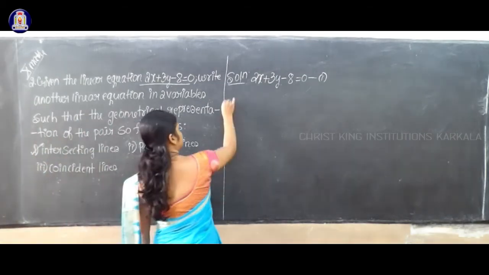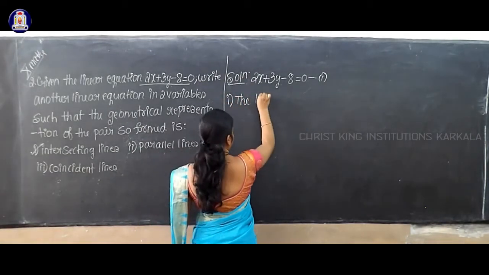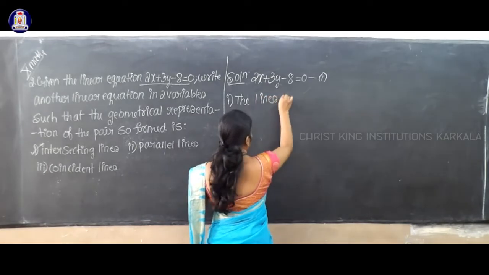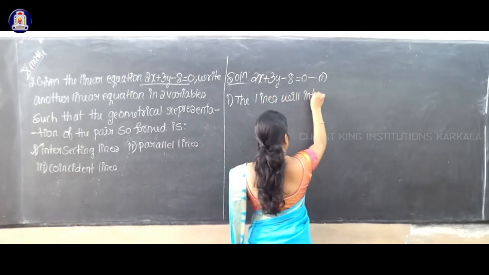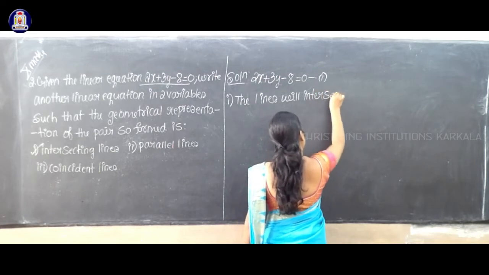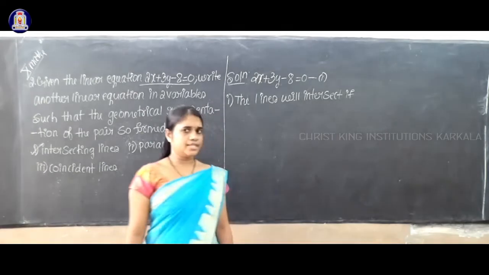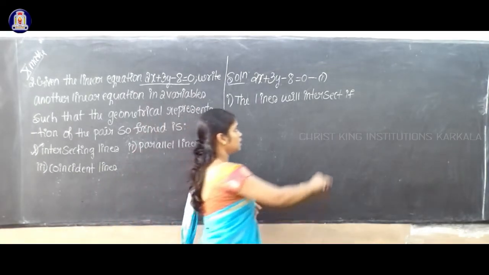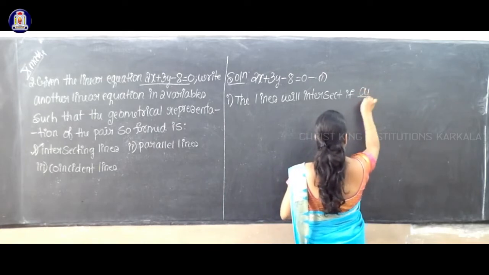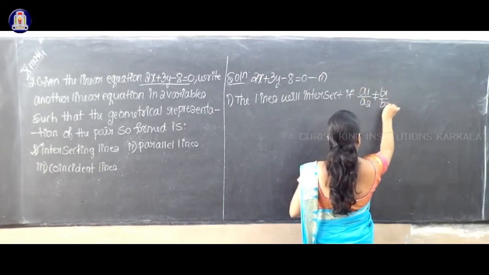So first sub question, the lines will intersect if it satisfies which condition? The condition is a1 by a2 is not equal to b1 by b2. This is our condition, isn't it?